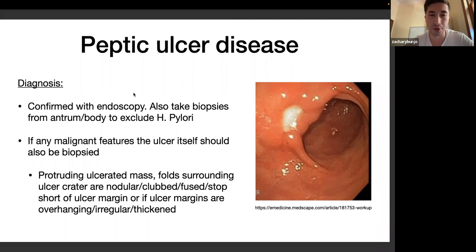So it's quite a protruding ulcerated mass. If there are folds surrounding an ulcerated crater that are quite nodular, clubbed or fused, then that should also be biopsied. That's an image of an ulcer there. You can see that it has a fairly clean base and is going towards the distal part of the stomach there.